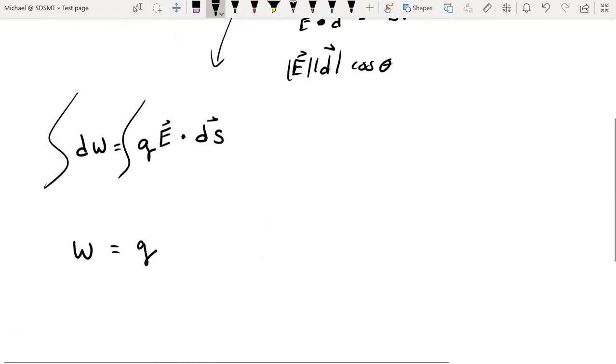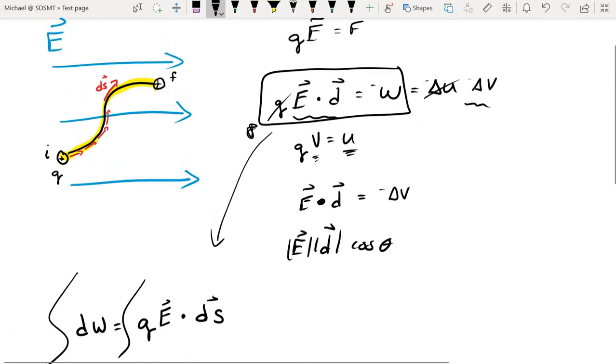That value can come outside of the expression, which means we are left with this integral. And for any integral, we want to make sure that we have limits so that we have a definite outcome. Those limits are going to be the initial and final locations in space.